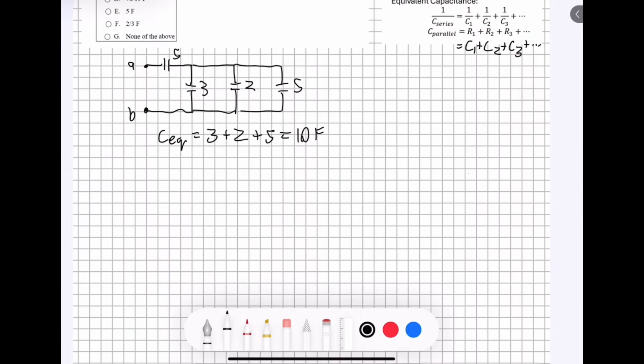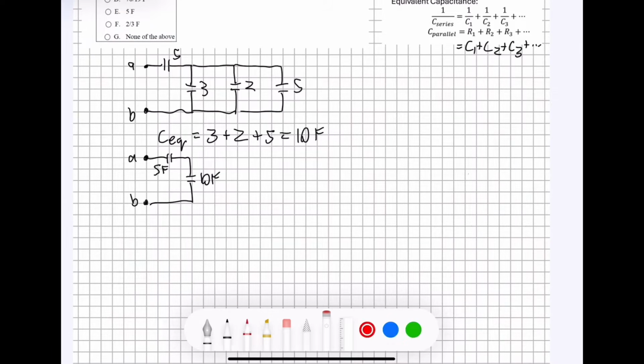Now we can redraw our circuit to more accurately show what our equivalent capacitances are. We've got one 5 farad capacitor up here, and we've got one 10 farad capacitor down here.